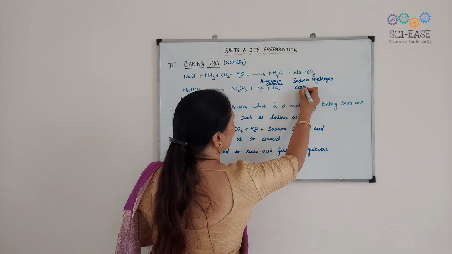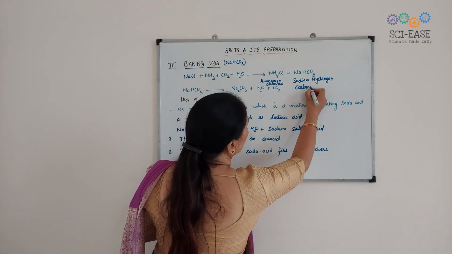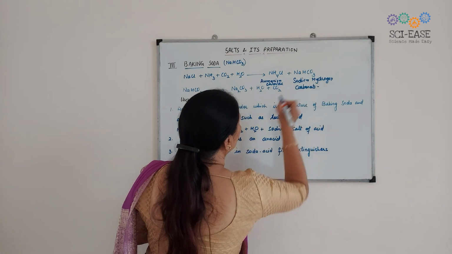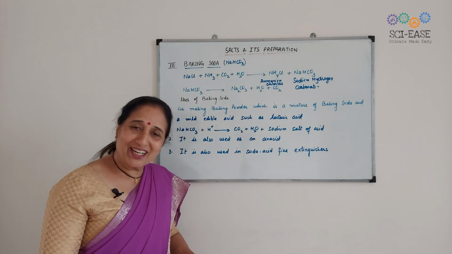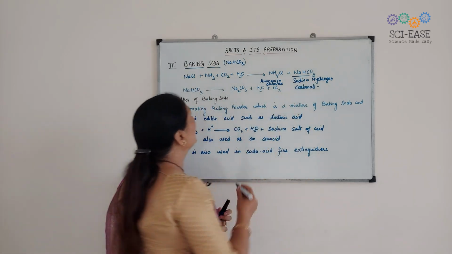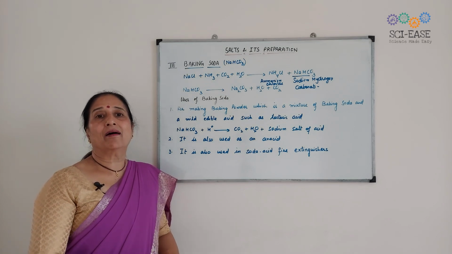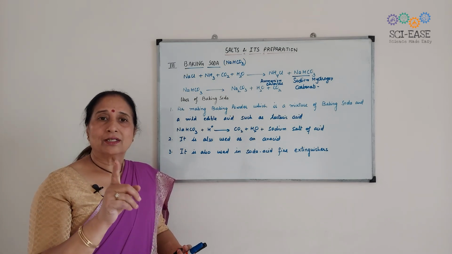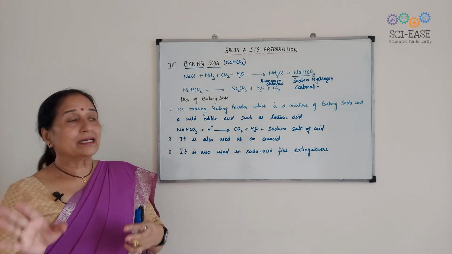So the products are ammonium chloride and sodium hydrogen carbonate. And we are preparing sodium hydrogen carbonate. So here the raw materials used are common salt, sodium chloride, ammonia, carbon dioxide and water.